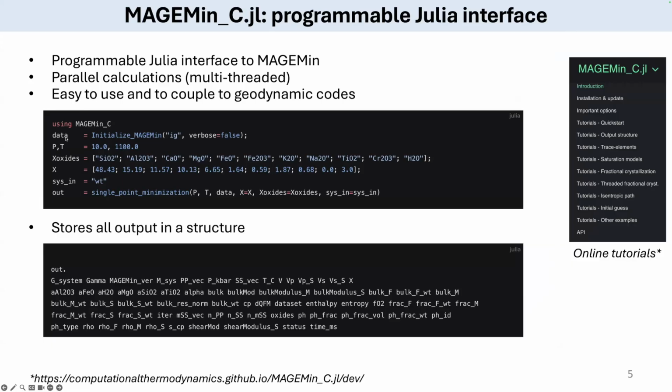You simply initialize MAGEMin, providing a thermodynamic database. There is a list of acronyms for this. Then you provide pressure temperature conditions, an oxide system, the compositions of the oxides, and a system unit. And then you simply call the function. In that case, it's a single point minimization function.